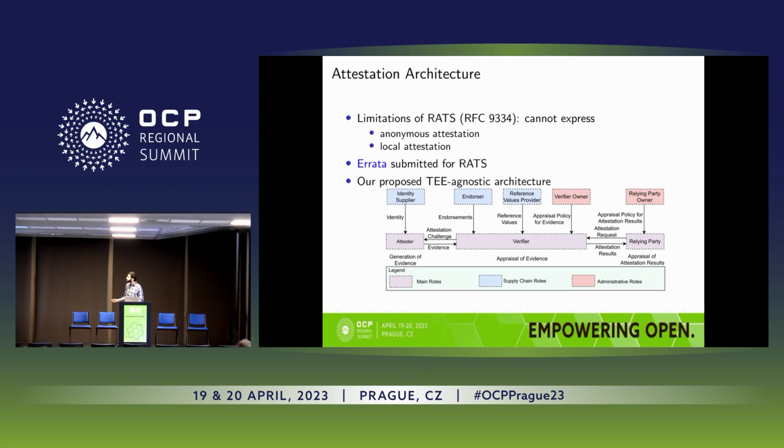The second limitation that I mentioned is local attestation. Before I go to local attestation, with this role and this artifact, we can now take care of Intel's EPID attestation mechanism. On the other hand, talking about local attestation, we enhance the terminology of the RATS standard by differentiating local versus remote.